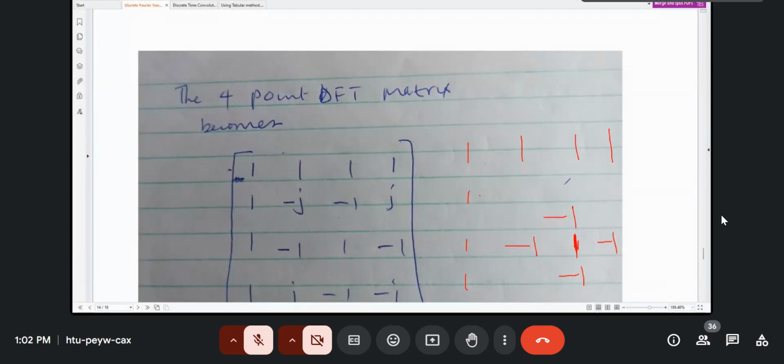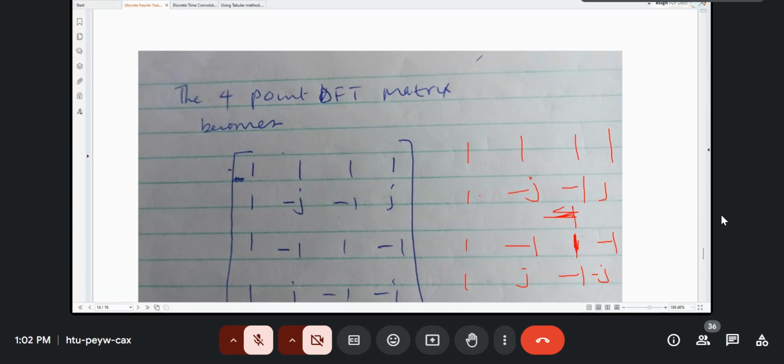Oh, sorry, the minus 1 should be here. Then this is minus j, and the opposite one is minus j, and then this is j, and the opposite one is j. And that is what we call the 4-point DFT matrix.